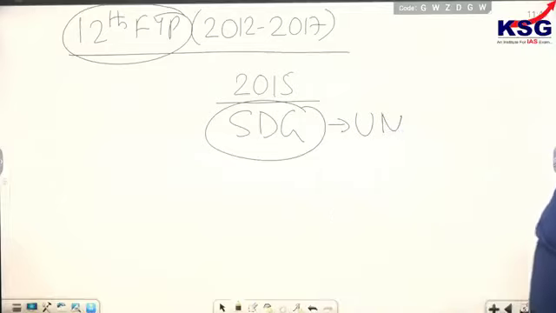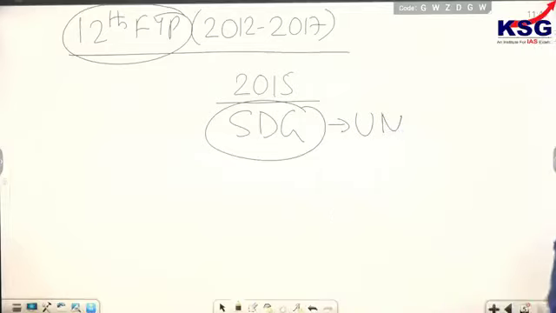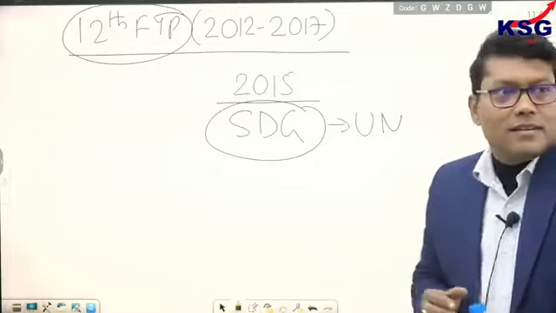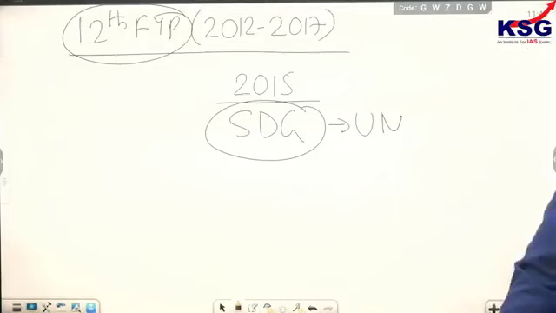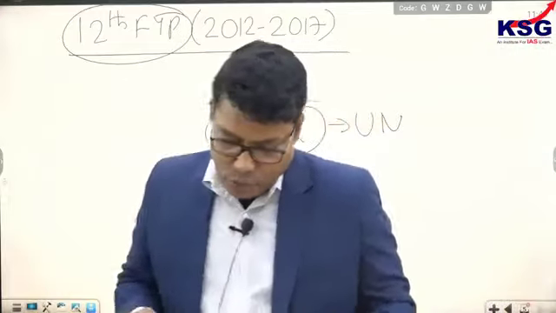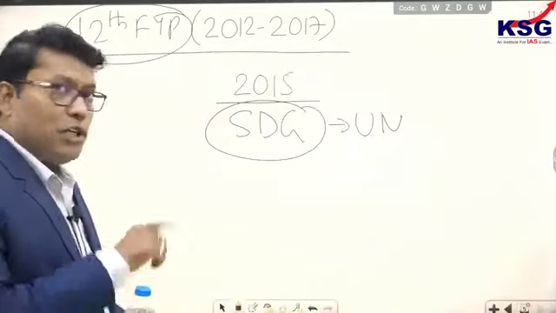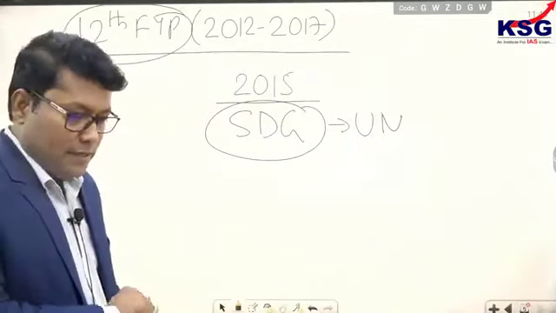Faster, sustainable, and more inclusive growth. Okay. Clear here? Close the inverted commas and put a full stop, okay dear?